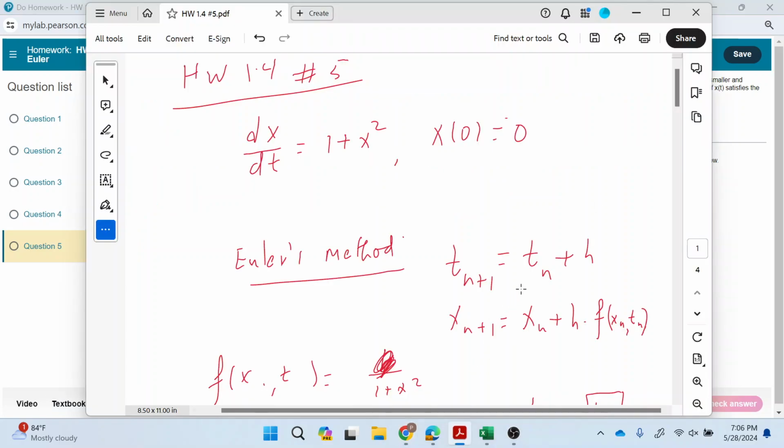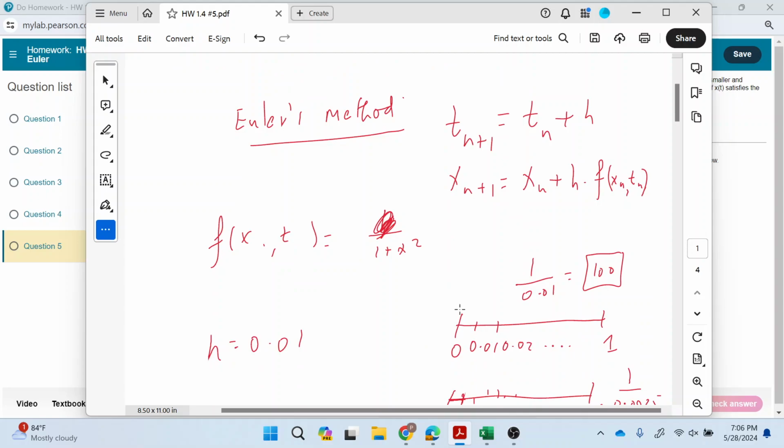So we are dividing the interval from 0 to 1 using a subinterval width of 0.01. That means there will be 100 different subintervals between 0 and 1. So when you calculate these points, the value of x, you need to calculate this 100 times.